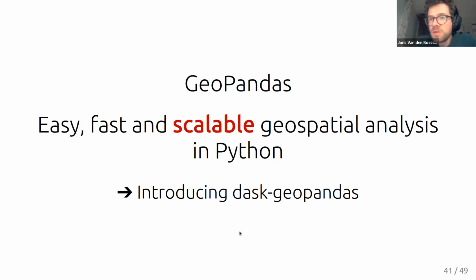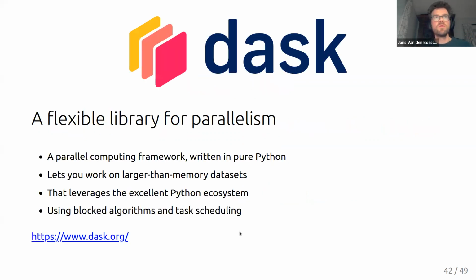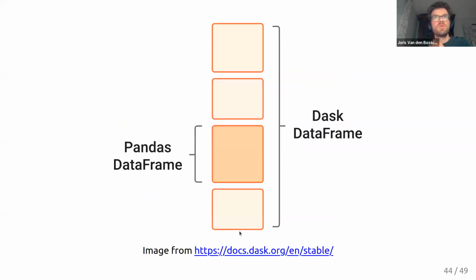So we have also worked on a bridge with Dask. I think the concept of this is very familiar for people in Pangeo, because you work a lot with Xarray and Dask. It's backed by Dask.